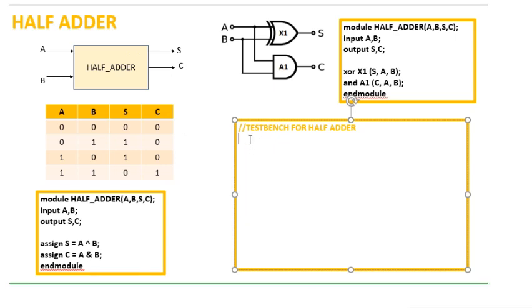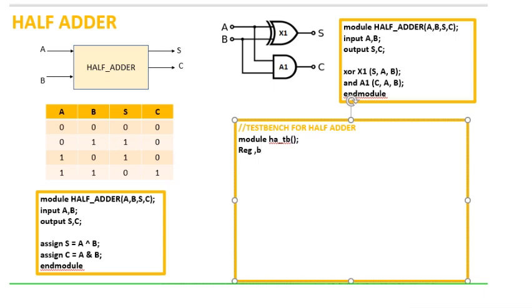starts with module. Name of the module I will give as HATB, meaning the test bench program for the half adder. The inputs are A and B, I will give as small letter a and b.